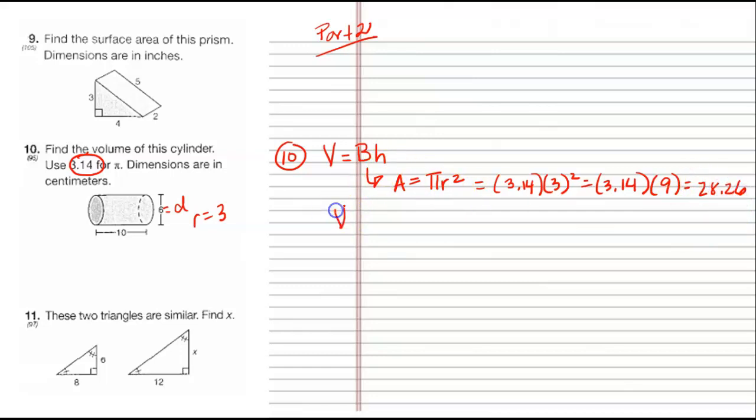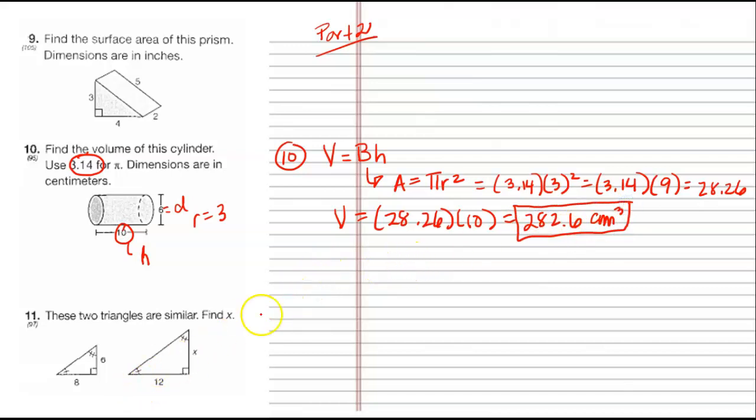So I'm going to plug that back in to the area of the base, 28.26, times this is my height of the figure, so that's going to be 10. So my answer is 282.6 centimeters cubed.